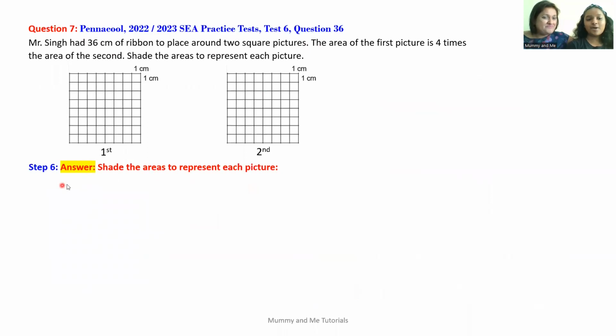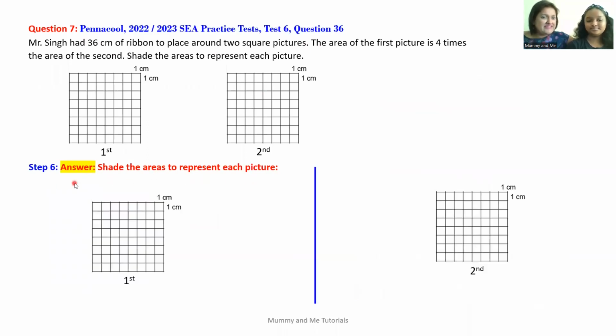What's our next step? Our next step is to shade the areas to represent each picture, and that is going to be our answer. So let's start with the first one. Since the side of one small square on the grid is 1 centimeter, and the side of the larger square is 6 centimeters, then we need to have 6 centimeters or 6 blocks as the side.